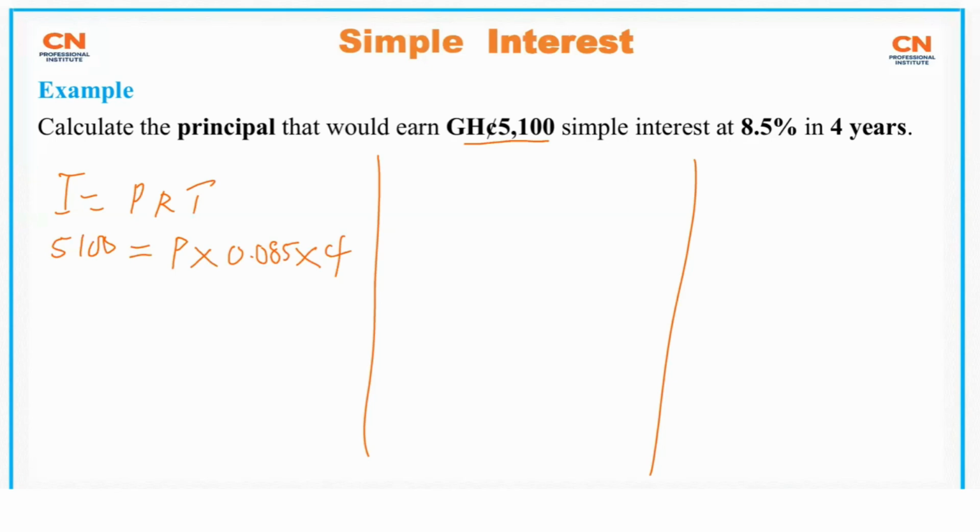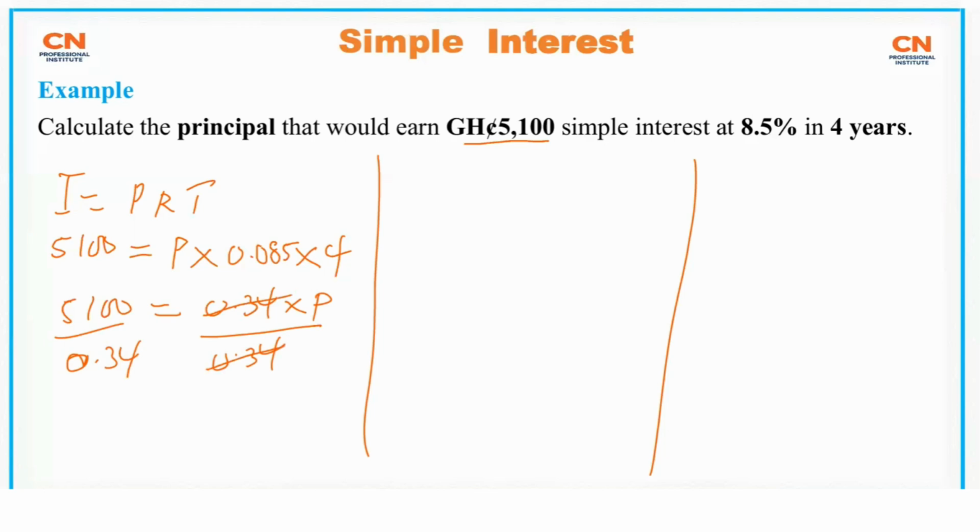Don't forget that 8.5% is 0.085. You can just use your calculator if you are struggling. So 5,100 is equal to 0.085 by 4, and that will give us 0.34 times the principal. So how do we make P the subject? Divide here by 0.34, divide here by 0.34.